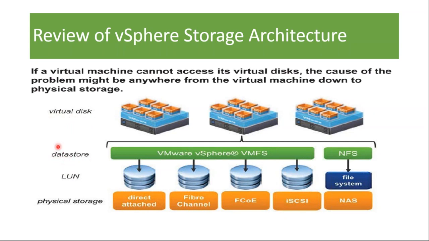The main motto of using the raw space, datastore or LUN is to store your virtual disks. That is our motto actually. Overall, this is the vSphere storage architecture motto. To store your virtual disk, you have to convert the physical storage to a LUN. The space that is there is converted to a LUN. From storage, it is converted to a VMFS file system, and your VMFS is presented as a datastore to your ESXi host. Then you can store your virtual machine disk files.